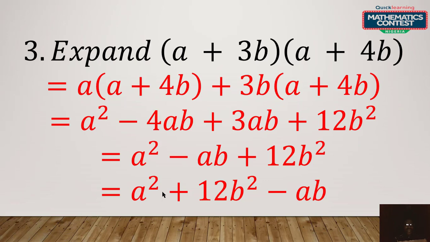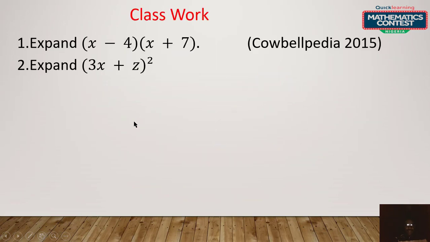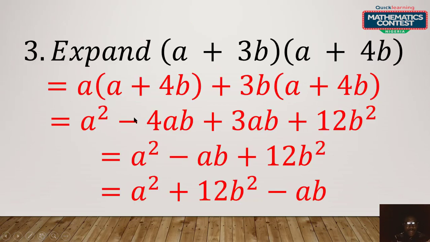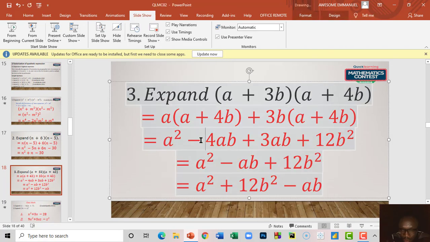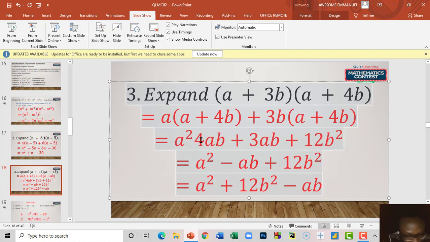So the next one too, we have a into the bracket this. So this first a will multiply these guys in the bracket, and this 3b will multiply the same thing in the bracket. So a times a square, we have a times a is a square, a times b, this is plus 4ab, not minus, plus 4ab.